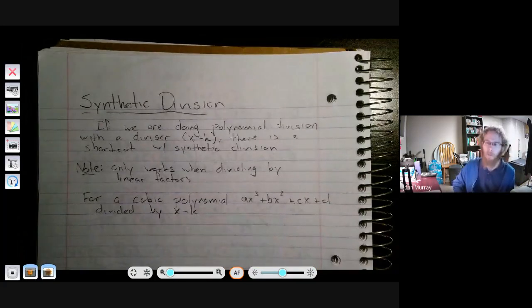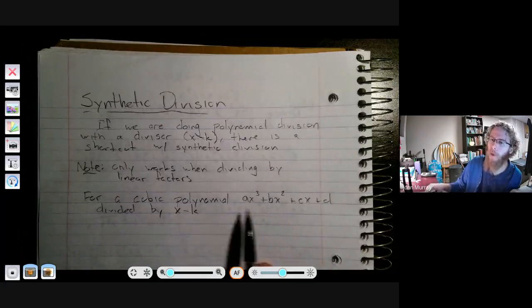Right now we're just going to be using variables, but like I said, I'll show you with numbers afterwards. We're looking at a cubic polynomial.